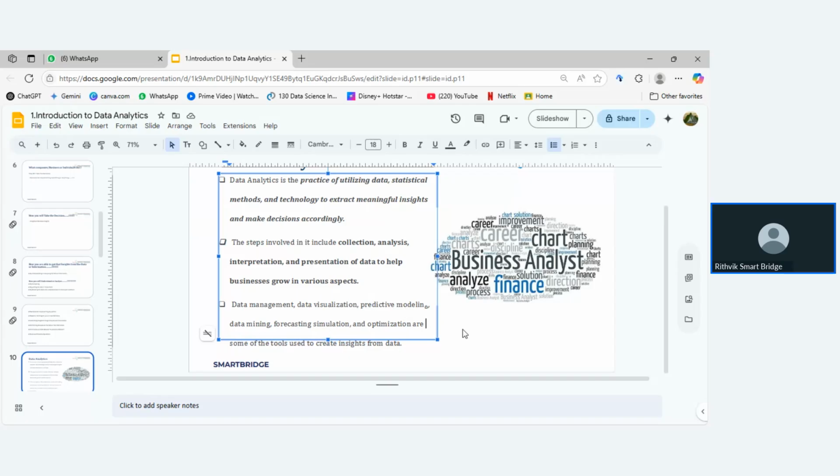Predictive modeling, guys. Based on the previous data, past data, we are going to predict future data. How are we going to predict? By statistical methods. We have statistical models like simple linear regression and multilinear regression. These models try to understand the past data we have, and then predict the future data.